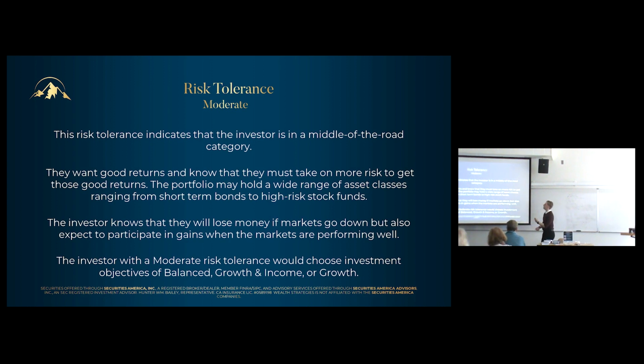So again, if I were to have them in a growth portfolio, if what they were mostly concerned about was growth but their risk tolerance is still moderate, I may choose stock funds that don't have as high a standard deviation or a beta, because we could look at a tech fund that might have a beta of 1 or 1.1 or 1.2, and that could be more volatile than the market.